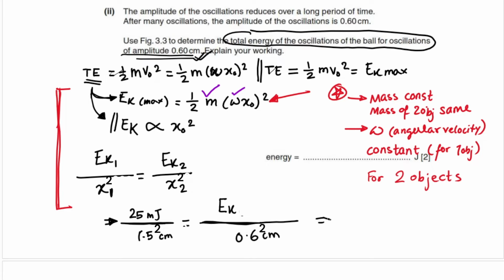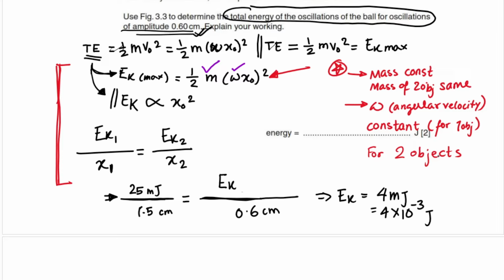We can easily find the kinetic energy, and we will get the kinetic energy to be 4 millijoules, which is 4 times 10 to the power minus 3 joules. This is the long method.